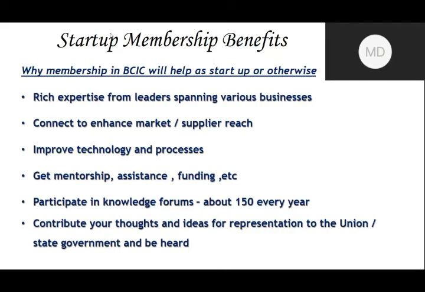And the very important advantage is that as we work with the industry, the academia, the bureaucracy, the policymakers, the ministries, etc., on any challenges or opportunities, your voice is going to be heard through BCIC, because it becomes a forum, taking these voices and opinions to the right groups, to the ministries or policymakers. So these are the advantages of becoming members of BCIC.